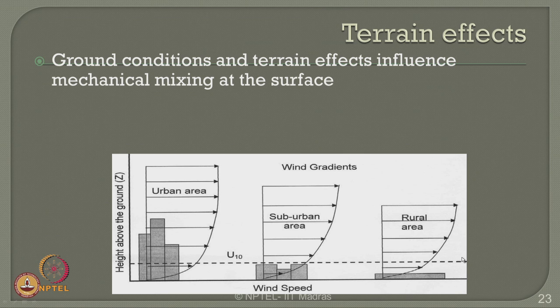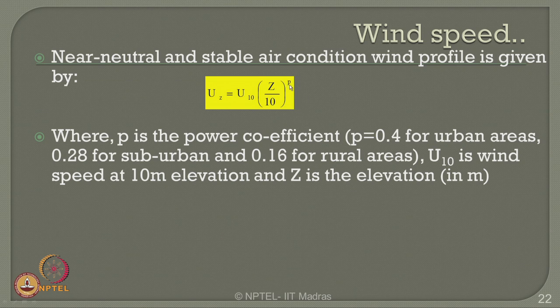Of course, u10 is the wind speed at 10 meter height from the ground, whereas if you want to find the wind velocity or speed at any z value, which is measured on the y axis in this curve, you will see that the interference caused by buildings or trees present at different levels like urban, suburban and rural areas will significantly affect the wind velocity through the disturbances caused by the terrain. However, the interference caused by the terrain is taken care of in this equation by a factor p, where the p factor is different for different segments, as you see in the slide here.